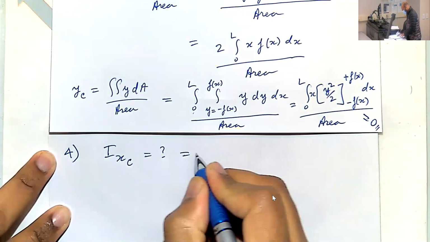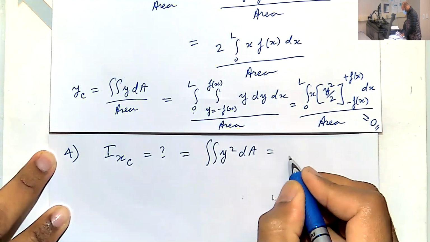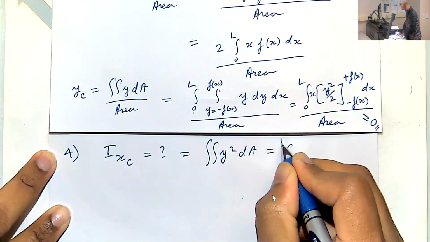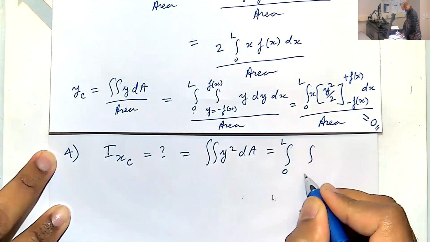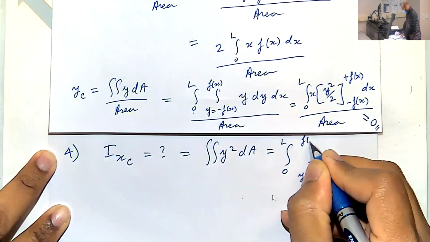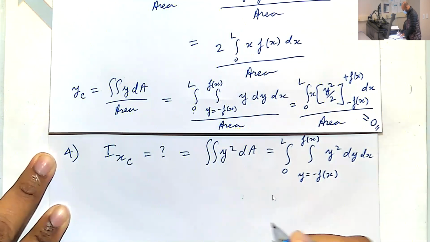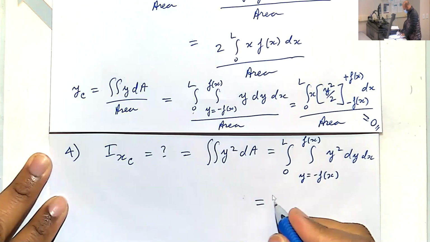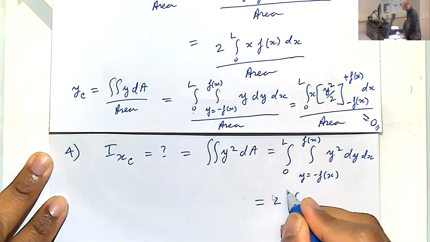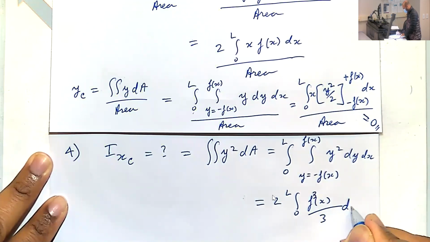Same as before, this is equal to the double integral of y squared dA, 0 to L, y from minus f of x to plus f of x, y squared dy dx, which gives 2, 0 to L, f of x cubed over 3 dx.